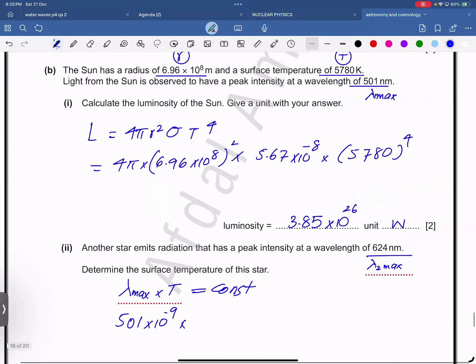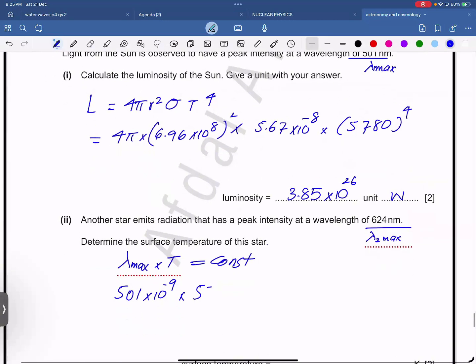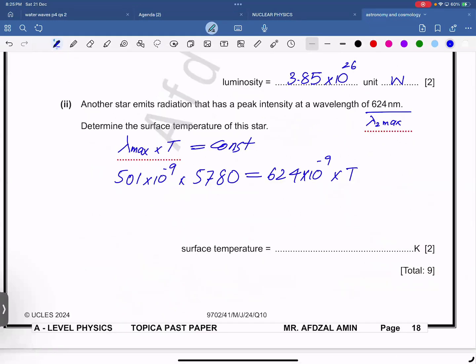Surface temperature, how much? 5780. Lambda 2, how much? 624 nano. Given numbers all are three significant figures. You need to write the answer also in three significant figures. 4640. You mean 4,640. Good.